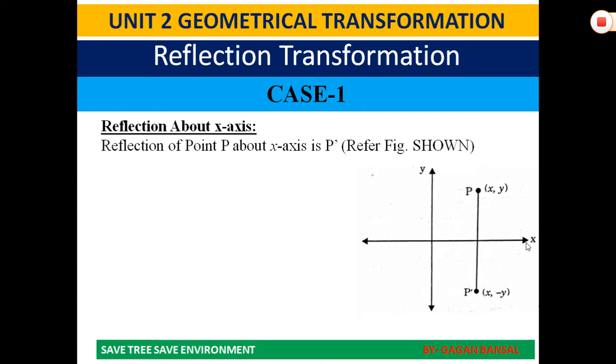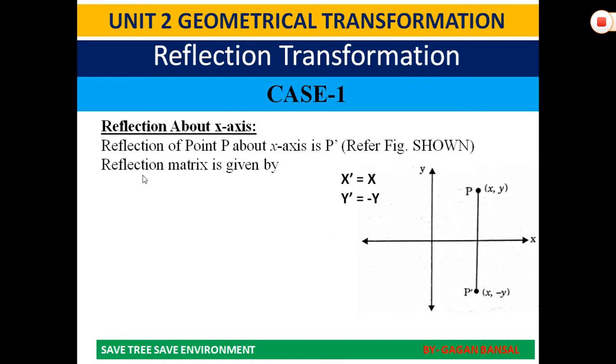This is the xy plane where the reflection is about x-axis. This point P is the initial point and P dash is the point of reflection. So we can say that x dash, the final coordinate, is the same, that is x only, whereas the final y coordinate at P dash becomes minus y.